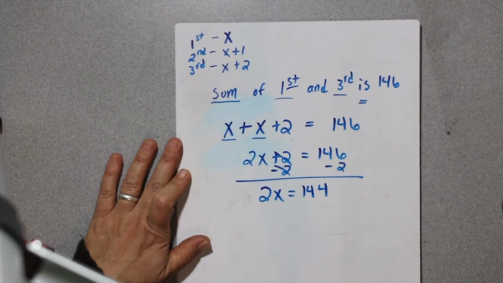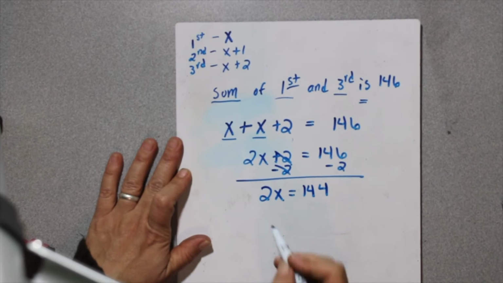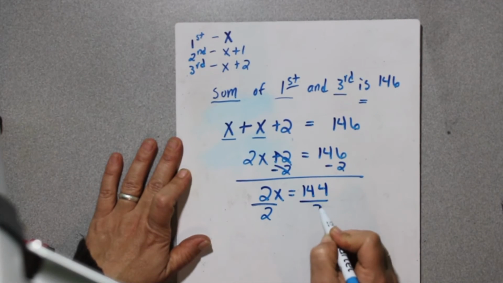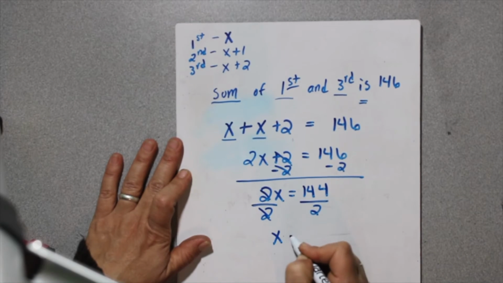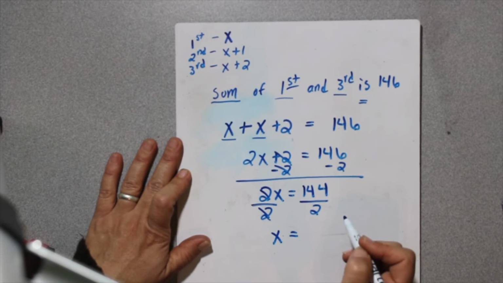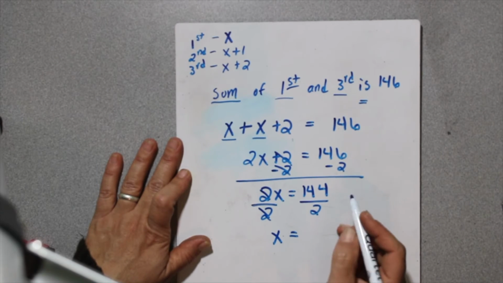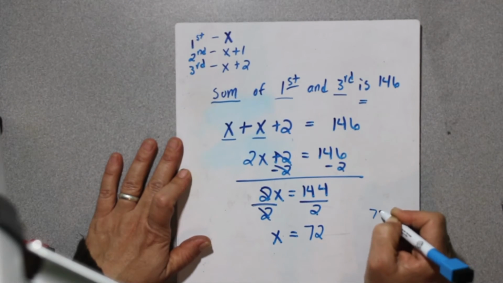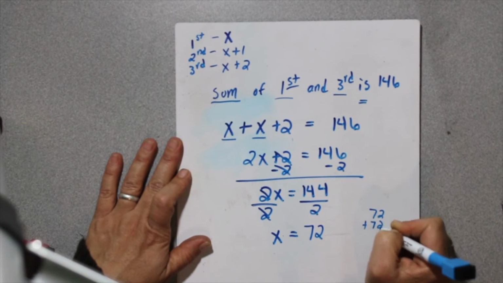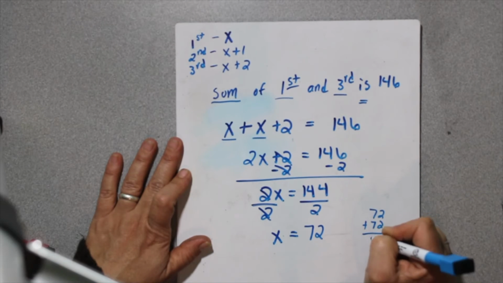And so then we're going to have to divide by 2. And x is going to equal 72. Let's see, 72 plus 72, yes.